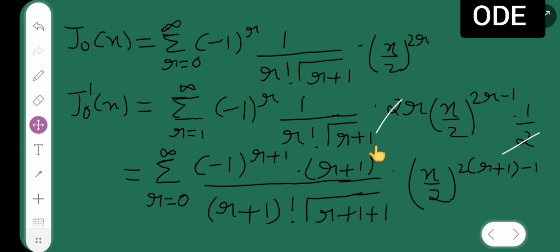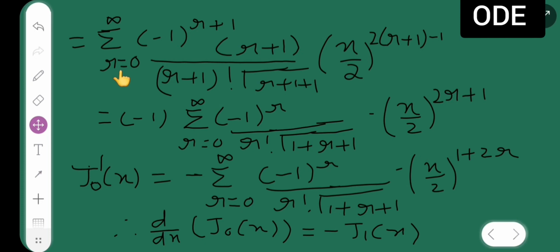Then x/2, write as it is, and wherever there is r, put r plus 1, in brackets, and the minus 1 stays as it is. So this same step I have written over here.